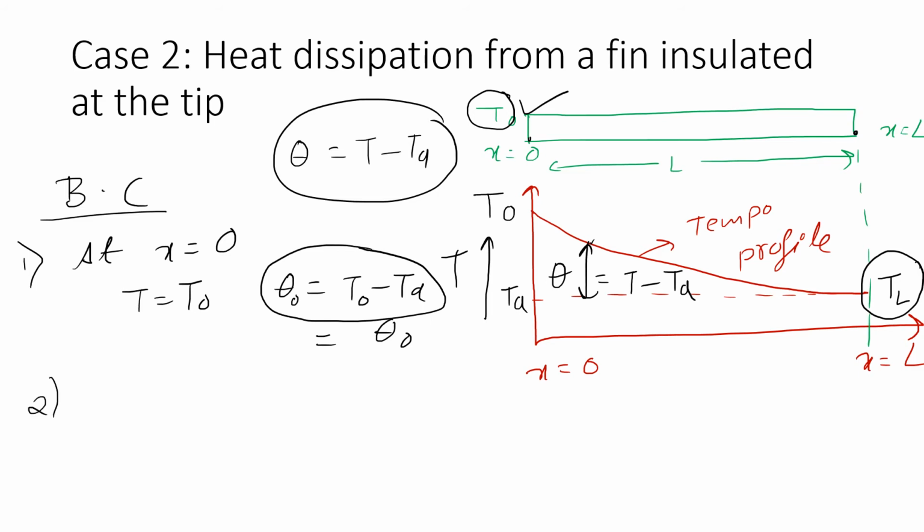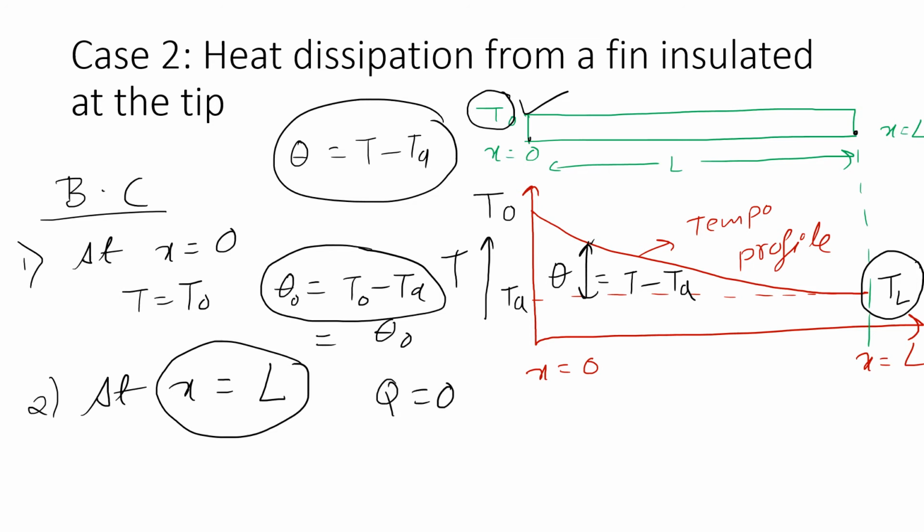And the second boundary condition will be at x equal to L. Since the fin is insulated, there will be no heat transfer at the insulated tip. So Q will be 0. This means d theta by dx will be 0. So we can write the equation.